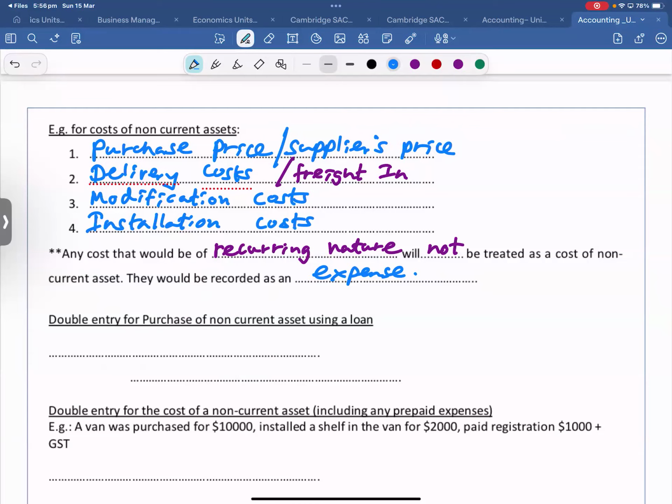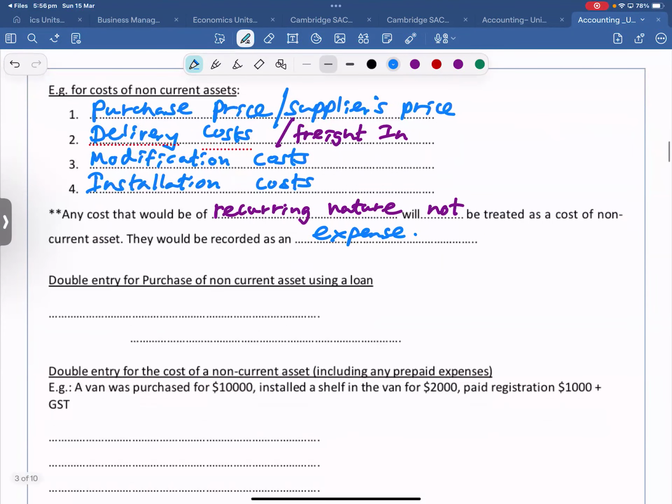So firstly, you are receiving the loan. What's the double entry for receiving the loan? Debit bank and credit the bank loan. Let's say we'll put the amount as 15,000.